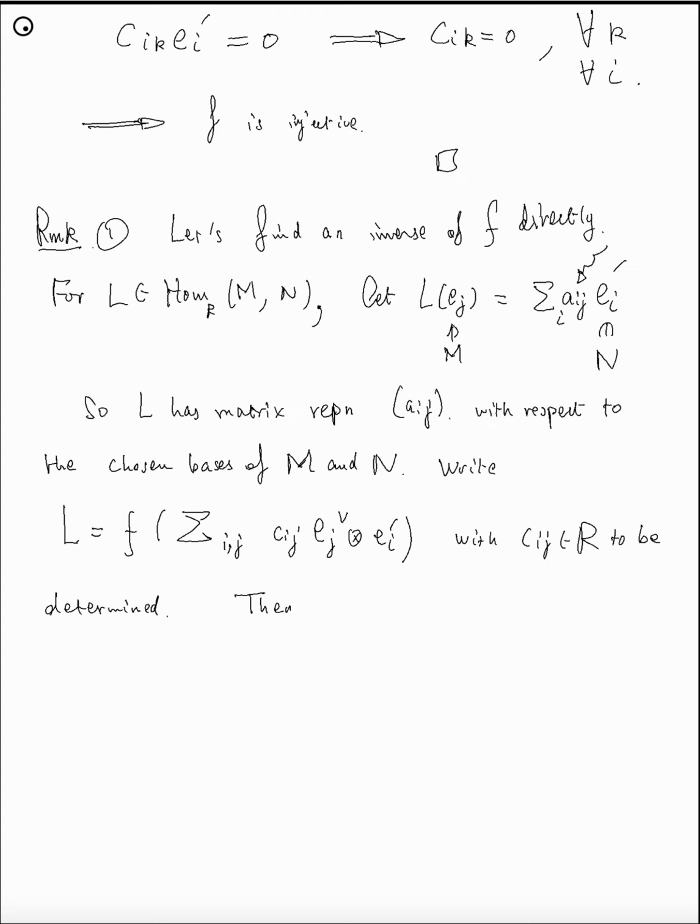Suppose this is the case, then let's see what happens. We want to reverse the direction. So this will give e_j dual on e_k and e_i prime. This is our definition.